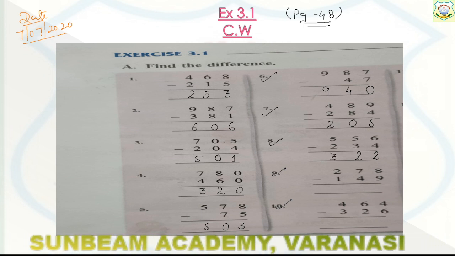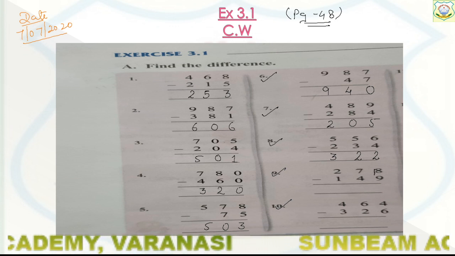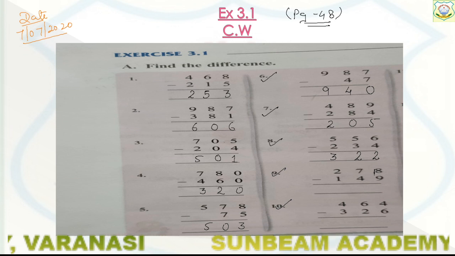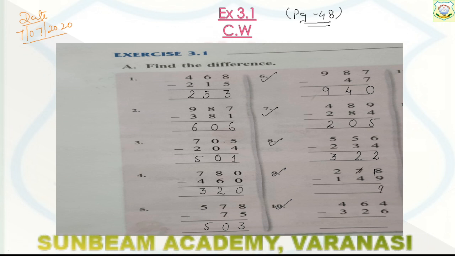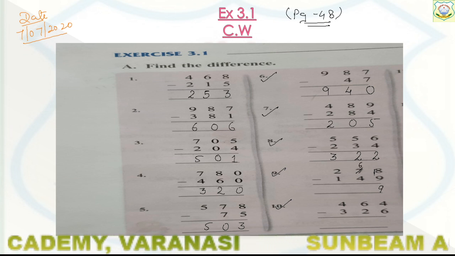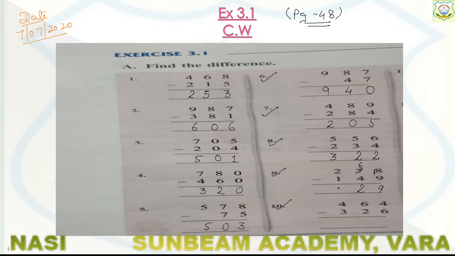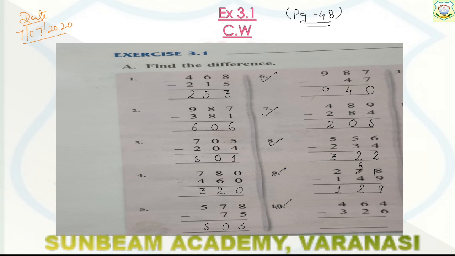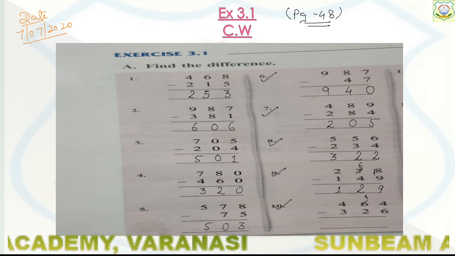Now here we have to take borrow, right? 18. This will be now 18. 18 minus 9 is 9. So 7 has given one number here. So this will be now 6. So 6 minus 4 is 2. And 2 minus 1 is 1. Next. Here also we have to take borrow. So this will be now 5.